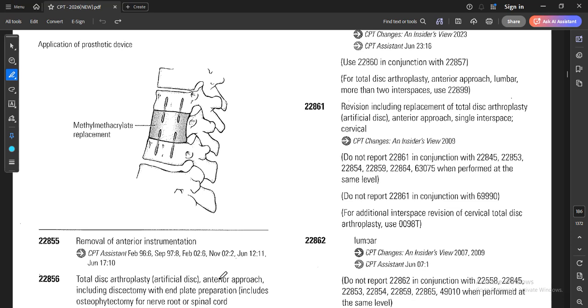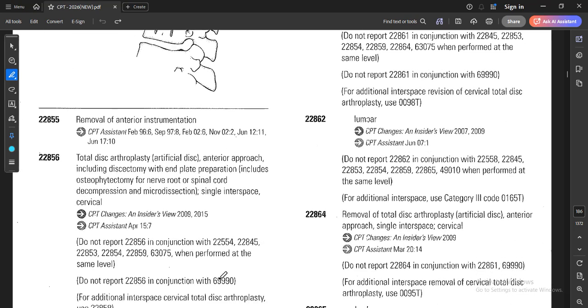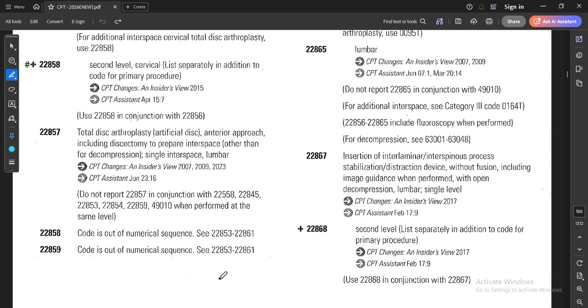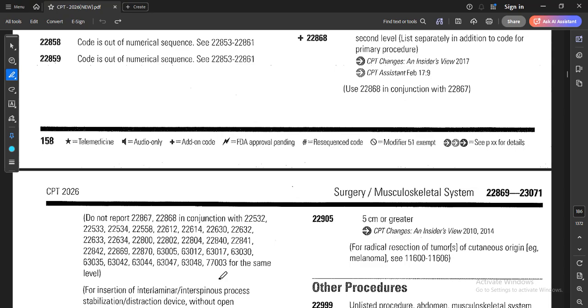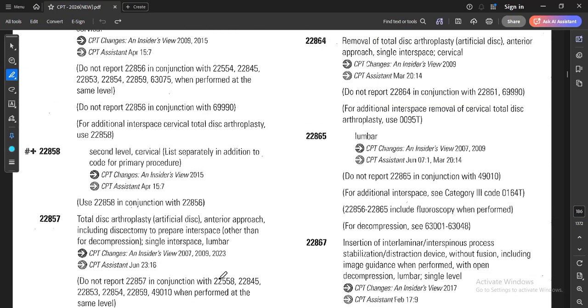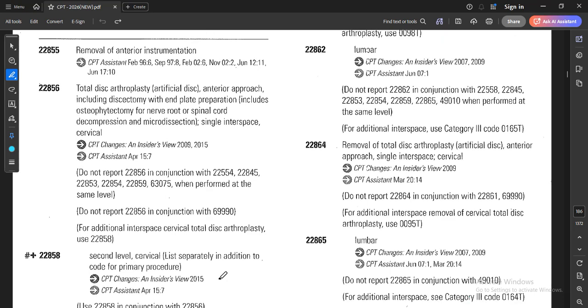Another set of codes is arthrodesis with corpectomy. Okay. So these are the keywords you need to remember while coding instrumentation, and most of the time you need to use these instrumentation codes along with arthrodesis procedures as well as graft procedures. Okay. So these are the important keywords you need to remember while coding these procedures.